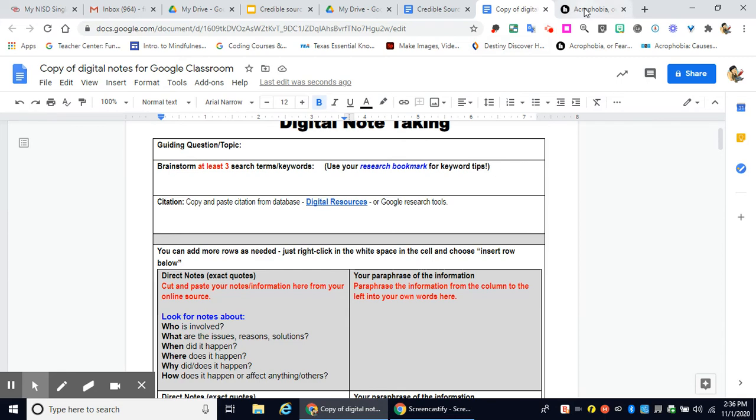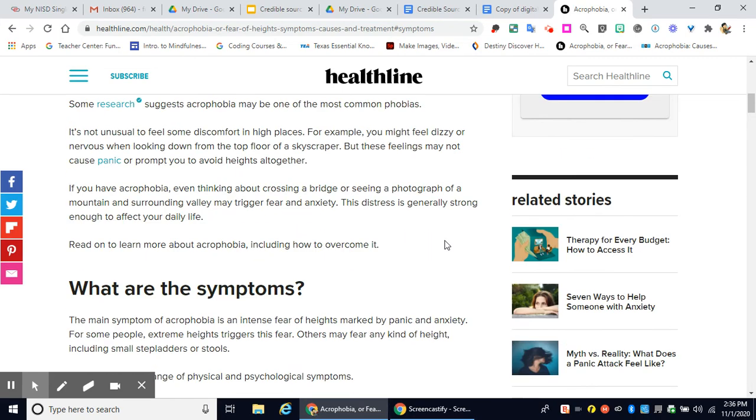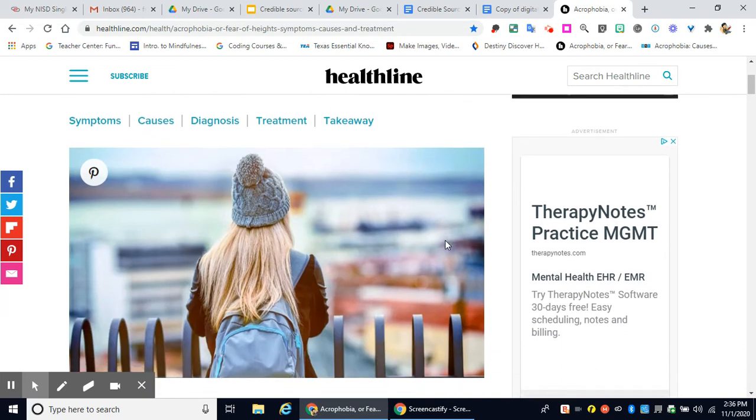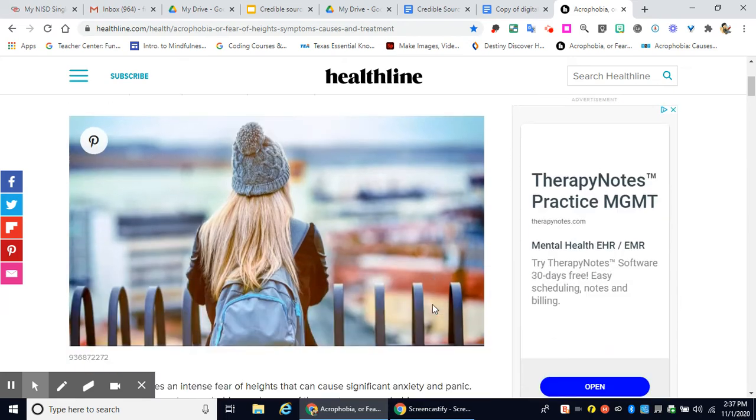The other important thing that I want to tell you is that if I'm writing my paper, I can't write my paper and just only use information from this one article. Your teachers will be talking to you about that, but a true research paper is based on information from several different sources. So I can't get everything, even though this is a great article.